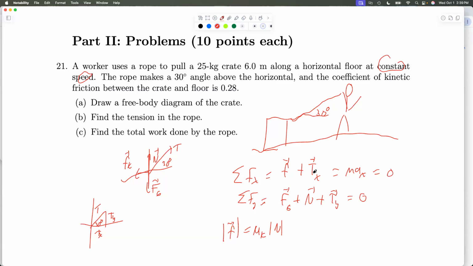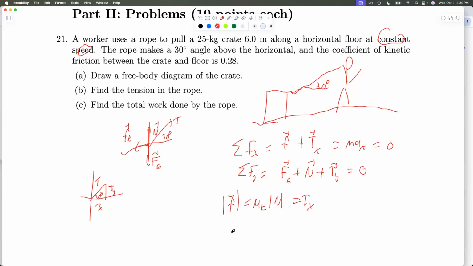Trying to decide if I want to solve this guy or this guy first. Okay, I think we can go ahead and do this because remember, this is a negative. When I move it to the other side, Tx will equal the positive version of this, the absolute value. So this is just Tx. And then over here, we get negative mg plus the magnitude of the normal force plus Ty must equal 0.